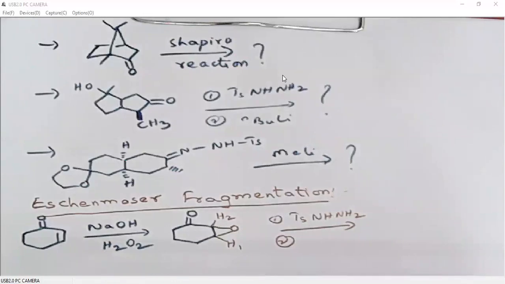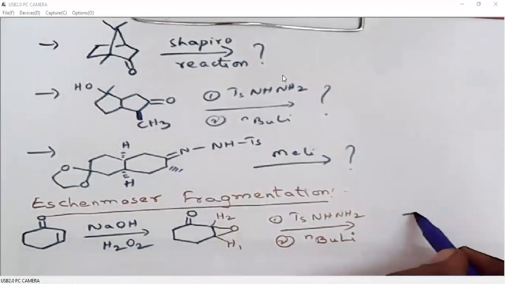So when we apply Shapiro reaction conditions, then what we are generating is an interesting product. We are generating a carbon-carbon triple bond here. So that means between the carbonyl carbon and the epoxide carbon. So we are generating a triple bond here.